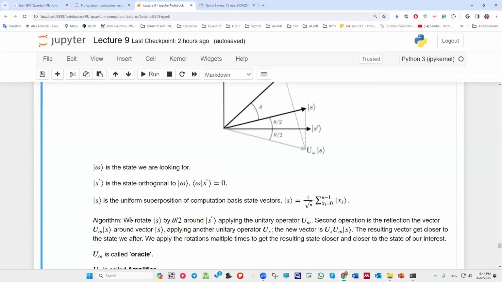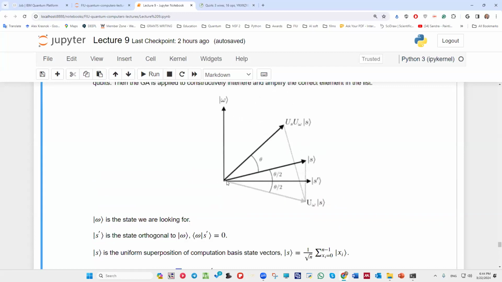We rotate this vector S by some angle, which we name theta over 2, half theta angle, around this vector S prime. So we rotate or reflect this vector across the vector S prime. And the result is U omega S.